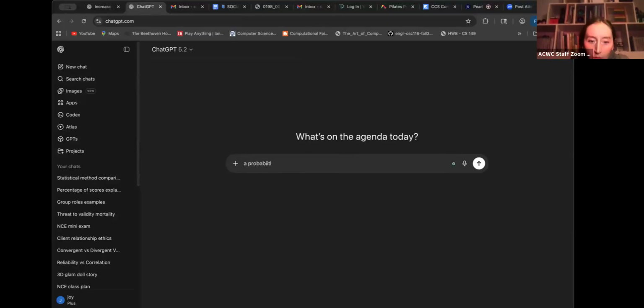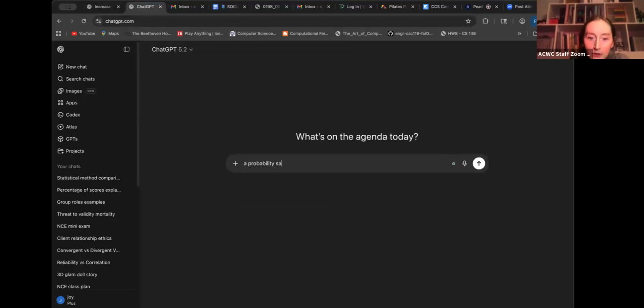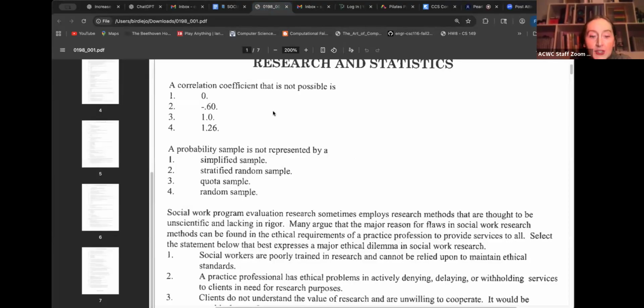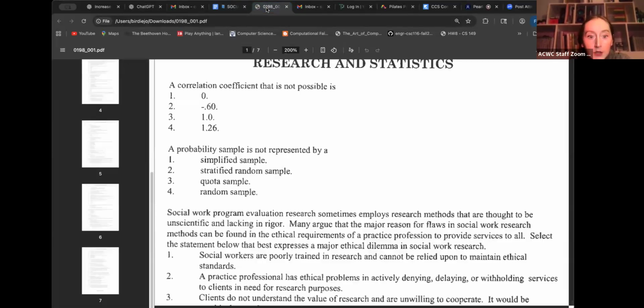I don't know why, but this document doesn't let me copy and paste. A probability sample is not represented by: A, simplified sample; B, stratified random sample; C, quota sample; and D, random sample.